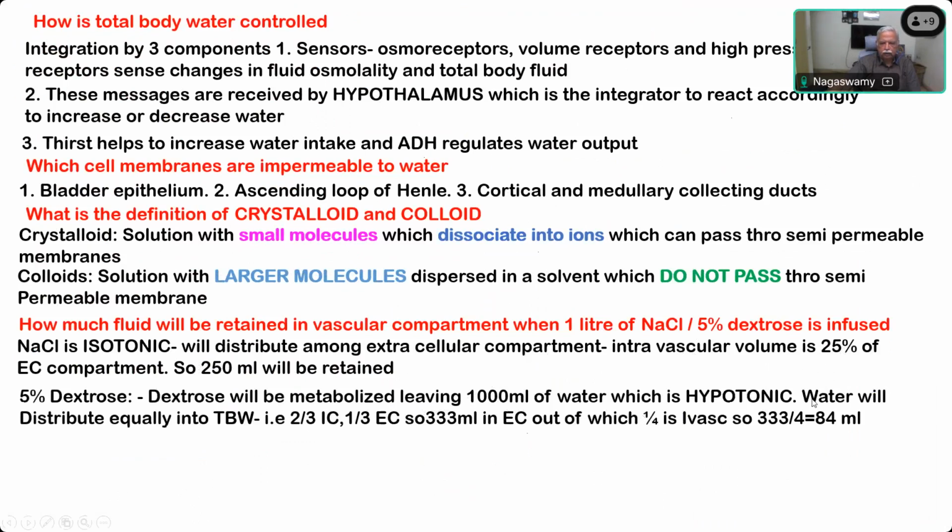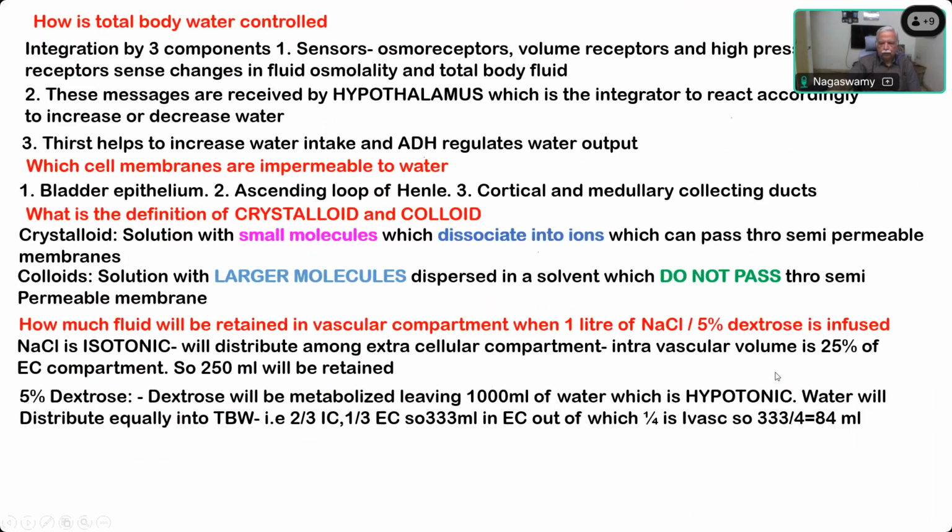This is hypotonic, and this water will distribute equally into the total body water, which is 2/3 intracellular, 1/3 extracellular. So 333 ml in the extracellular, out of which 25% is intravascular. 333 divided by 4 is 84 ml.